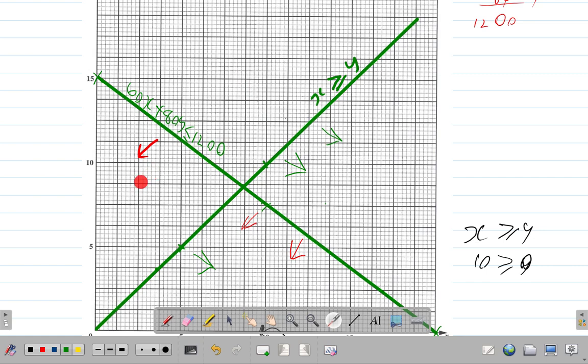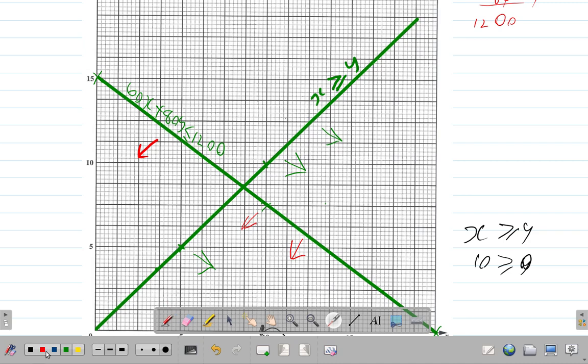You see, this region satisfies the 60x plus 80y less than or equal to 1200, but it does not satisfy x greater than y. You see, this region satisfies x greater than y, but it doesn't satisfy the 60x plus 80y less than or equal to 1200.